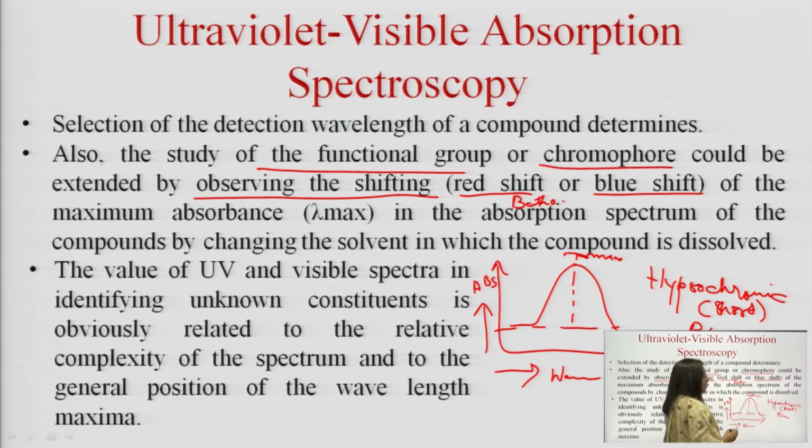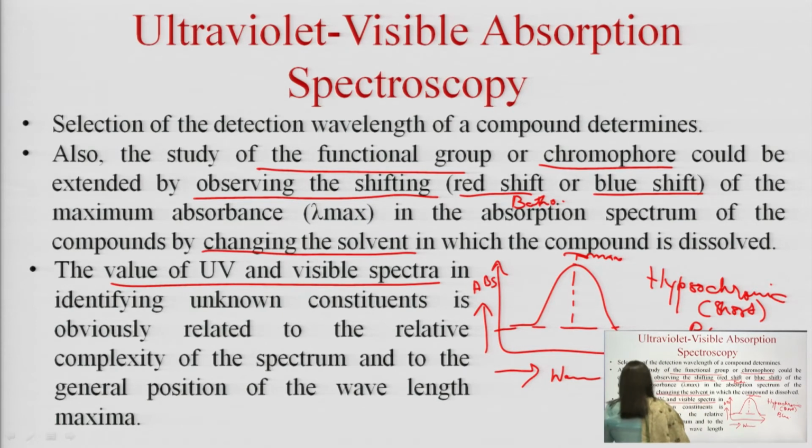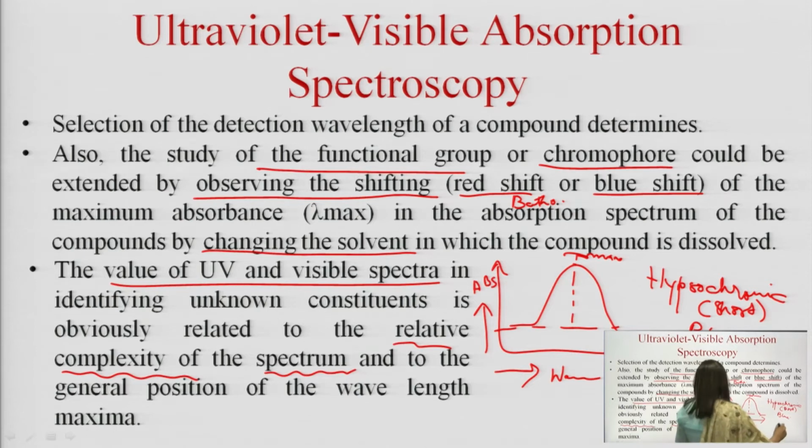Okay. So, compounds' absorption spectra can change with the change in the solvent in which the compound was dissolved. The value of UV and visible spectra in identifying unknown constituents is obviously related to the relative complexity of the spectrum and to the general position of the wavelength maxima, lambda max.